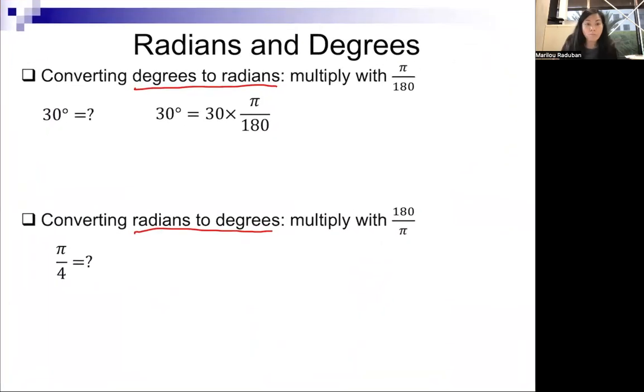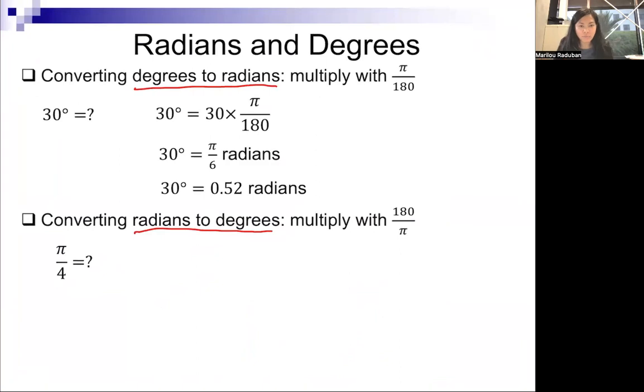So it's 3.1416 is what you use for pi. So you should have 0.52 radians for 30 degrees. 3.1416 divided by 180 times 30 should give you 0.52 radians. Okay.